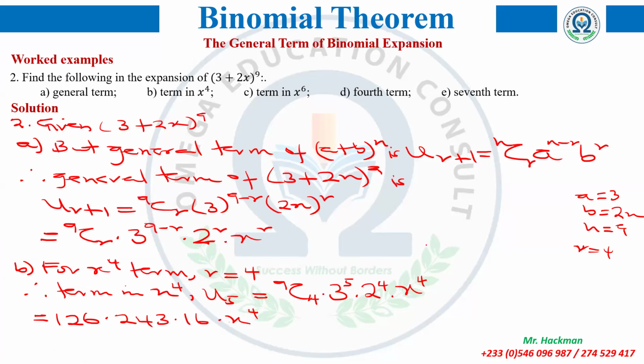Okay, so you are one step away. So let me come in. Assuming I've exhausted my page, that will be equal to multiplying 126, 243, then 16. Please mention it in terms of the digits. 489, 888, X raised to the power 4.